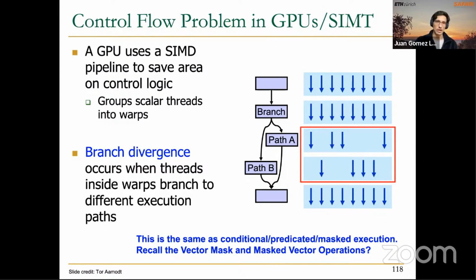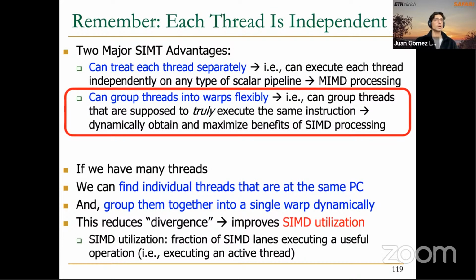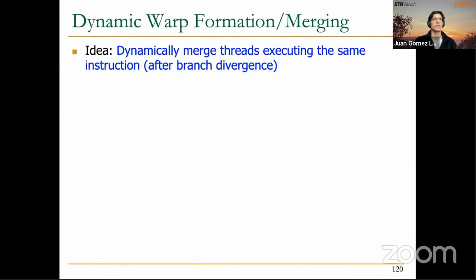In the worst case, you will have some divergence, but there are always many different ways of reducing the divergence. One other thing that I want to discuss right before we finish the lecture is that these threads could potentially form the warps flexibly.